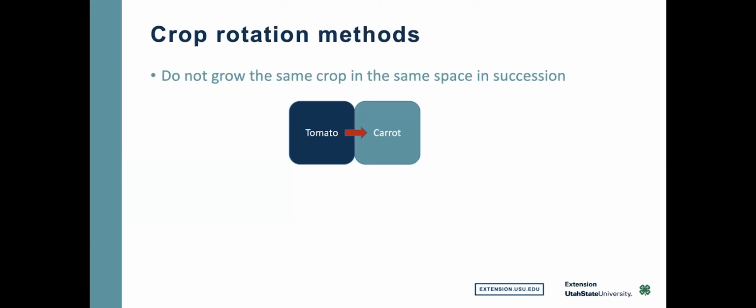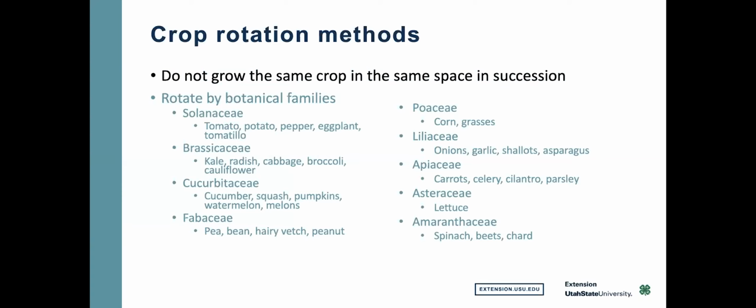So the foundational would be not growing the same crop in the same space, planting after planting after planting. Now, maybe the most widely used and beneficial way of thinking about how to go about rotating crops is to rotate by botanical families. So I've listed here some of the families that are commonly encountered, and these can be easily attained through a Google search or looking at a USU publication.